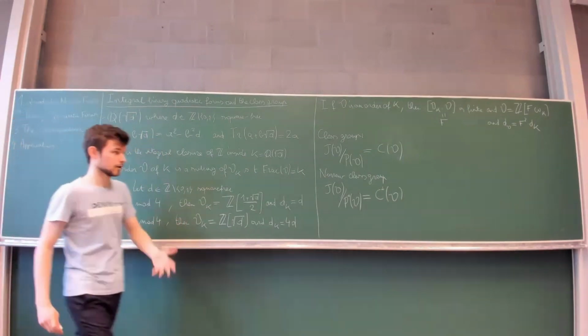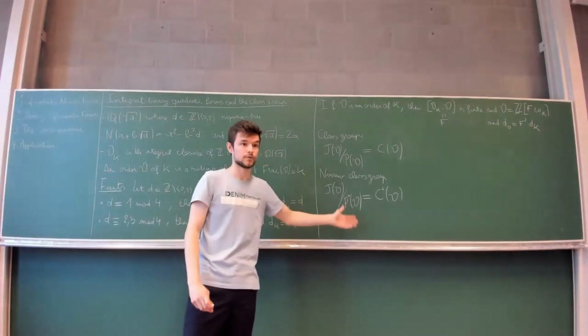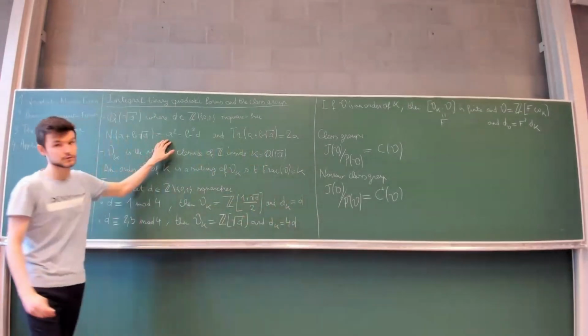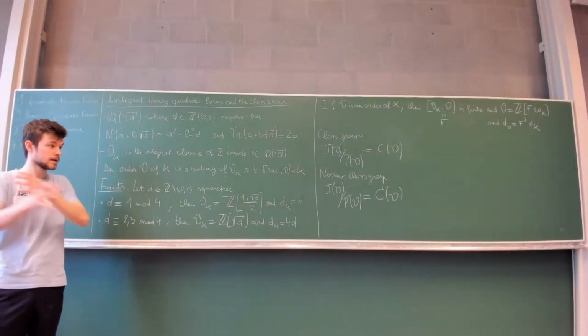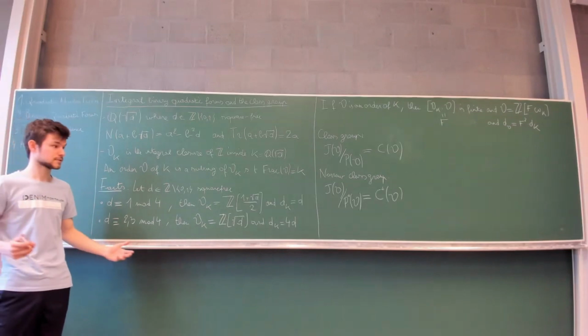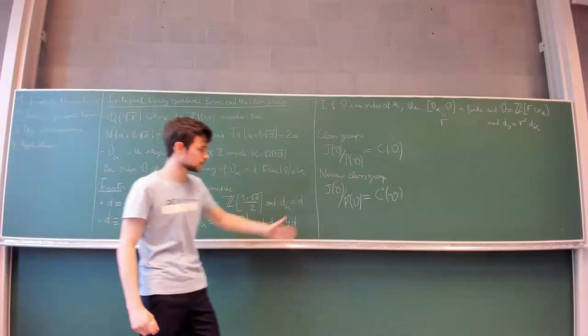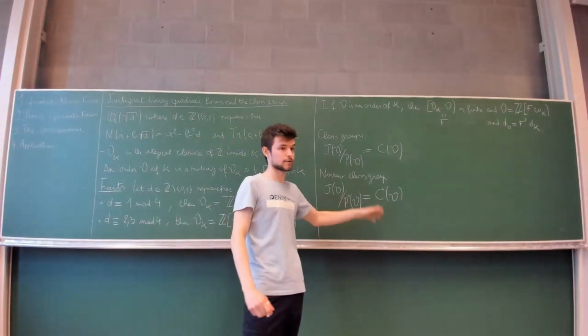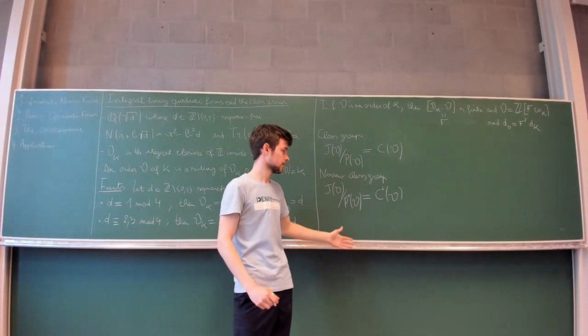This is also a subgroup because the norm is multiplicative. So if two elements have positive norm, their product will also have positive norm. And this is what we call the narrow class group of an order.